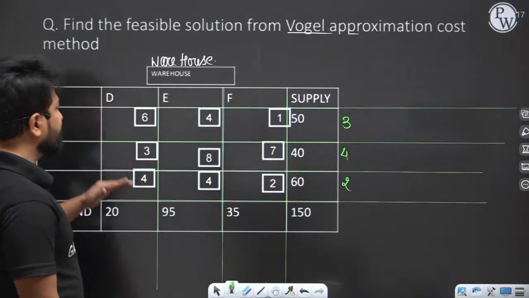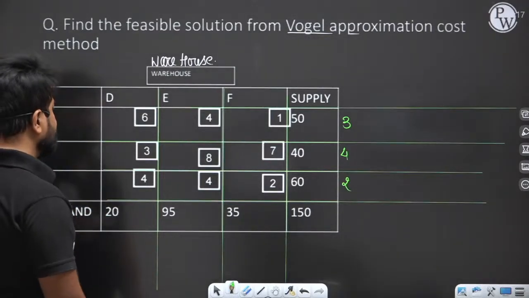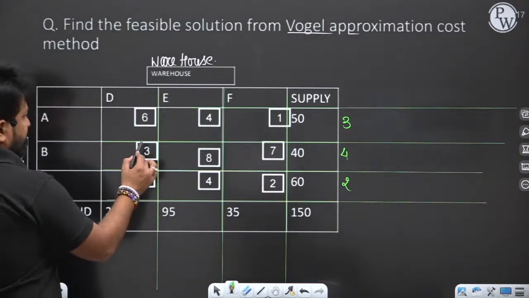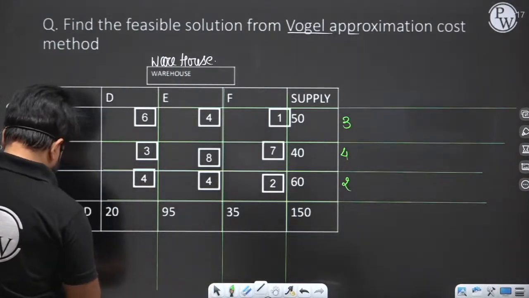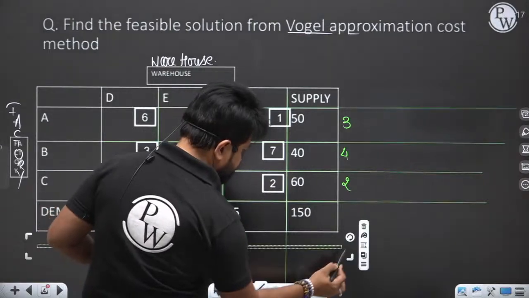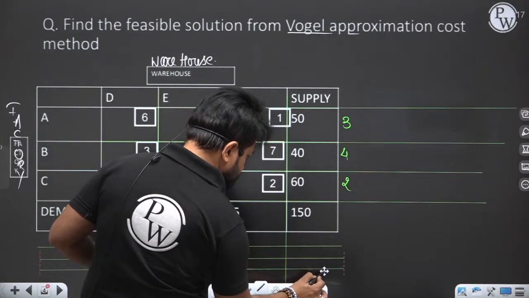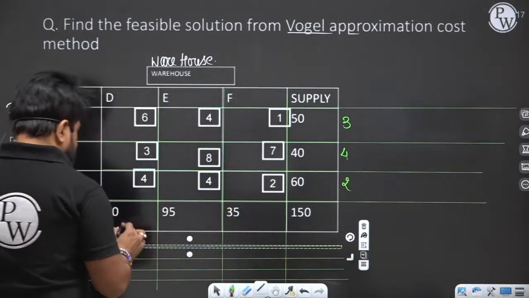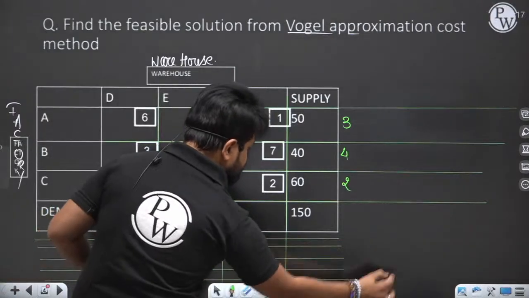Now similarly you can find the penalty of the columns also.